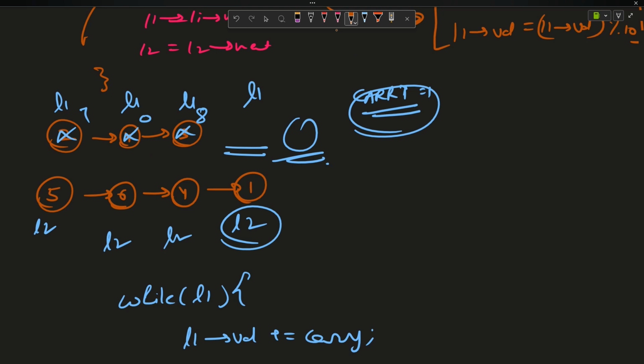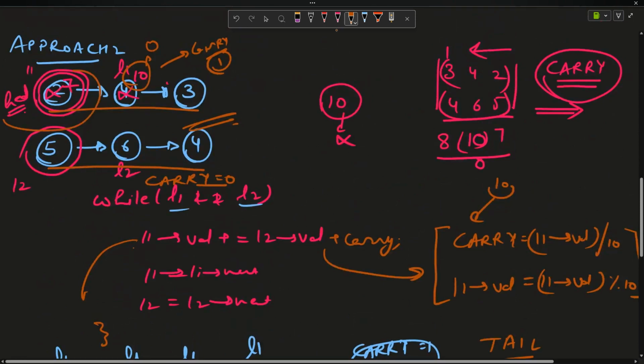Okay, so in this case, you see that I am storing all my results in L1. So somehow I will have to connect this node, which is containing 8 now, to this. For that, I will do some pre-processing. When I am traversing L1, I will keep a pointer tail, just as I made a pointer head here. Whenever L1 is not null, I will move my tail forward.